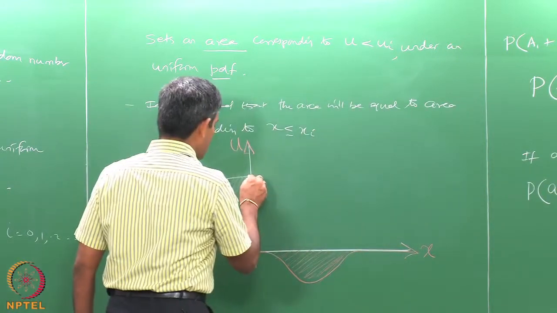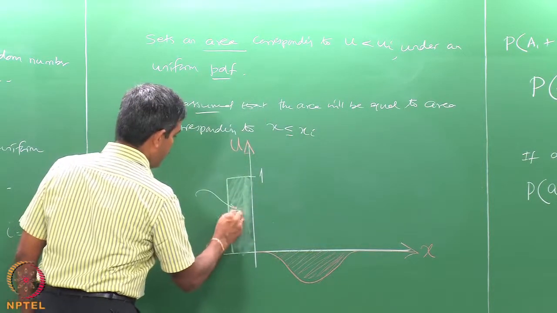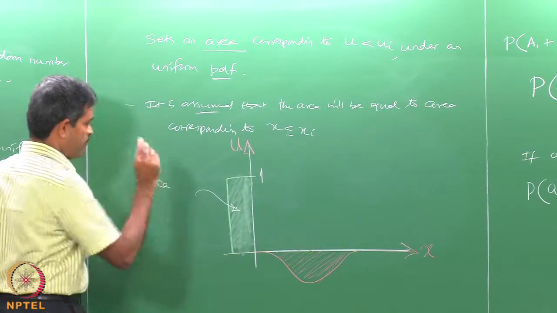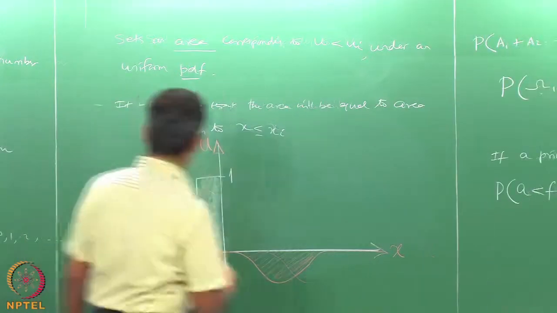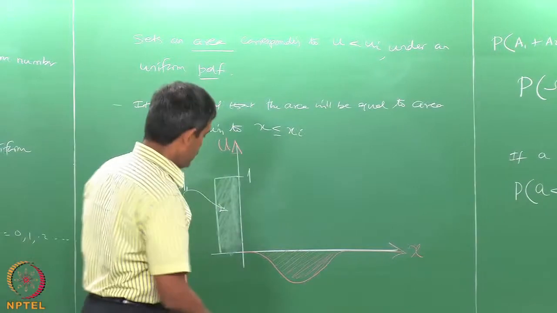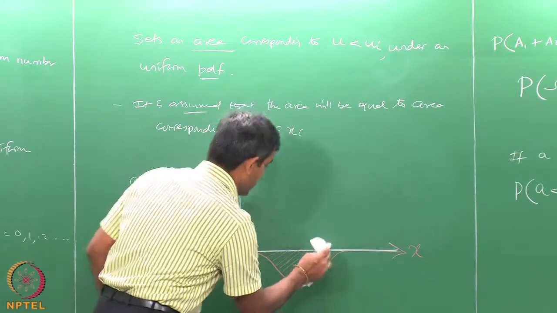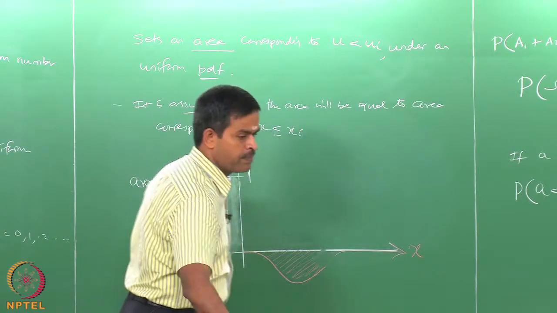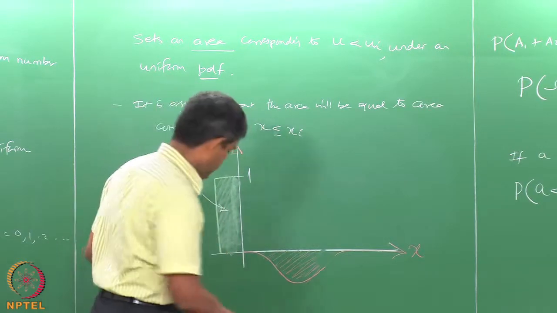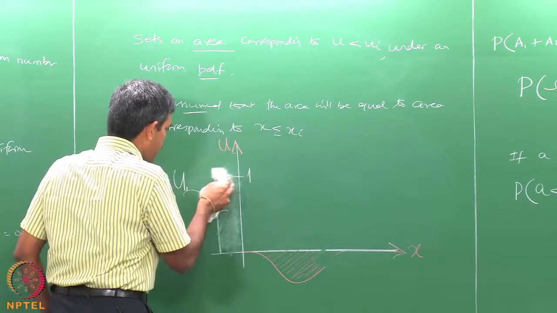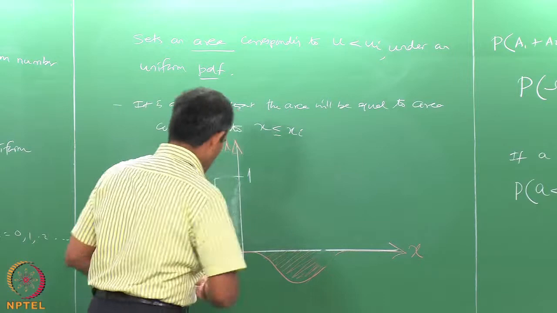So, this value of course corresponds to 1. Let us say this area corresponds to ui, and this area, let us say not the complete area, but the corresponding area. How do we get this? Let us say I have a corresponding area which is only up to here.